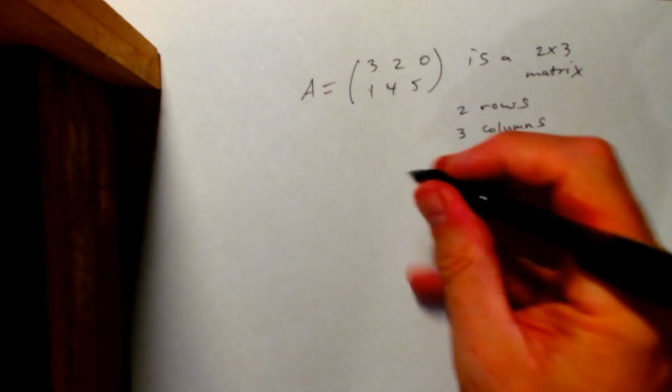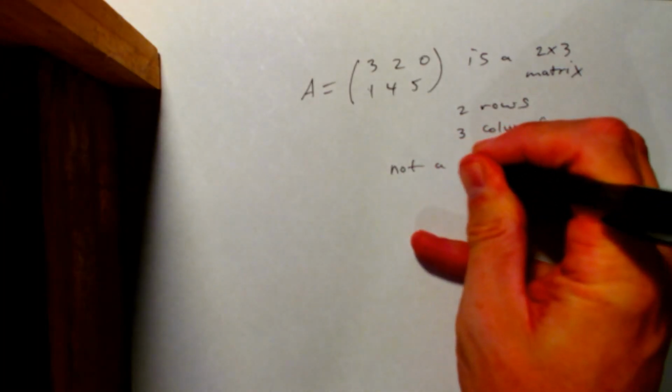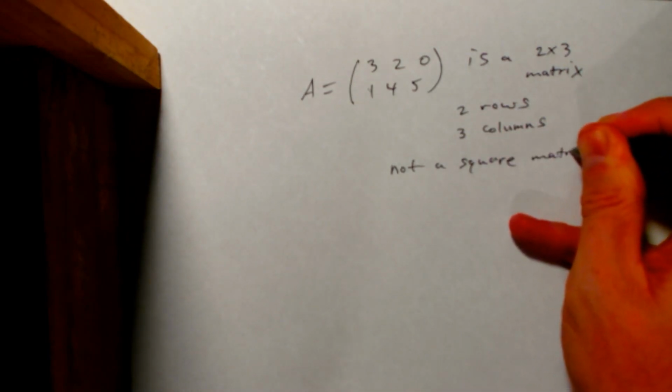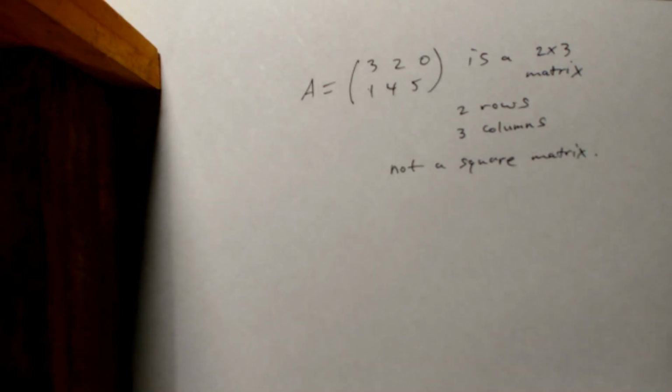So you can see it's not a square matrix. Okay, and so I'll just remind you that you cannot take the determinant of this, because if you tried, it wouldn't work out. So the determinant is not defined for a non-square matrix. However, you can still multiply non-square matrices together.